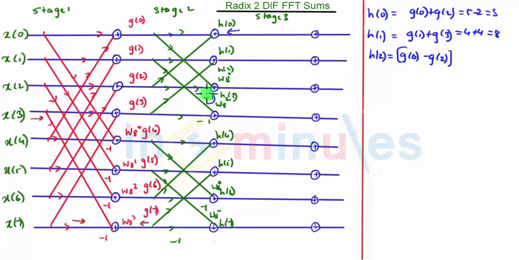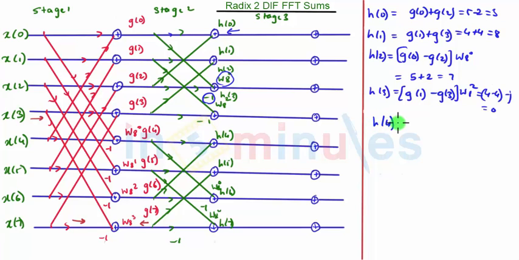h(2) is equivalent to g(0) minus g(2). Here the -1 factor plays an important role, and the multiplying twiddle factor, that is W^0, gets multiplied after the subtraction. So W^0 times 5 plus 2, into 1, that gives us 7. h(3) is equivalent to g(1) minus g(3), times W^2, 4 minus 4 into -j, so the answer is 0. h(4) is equal to g(4) plus g(6), that will give us -3. h(5) is equivalent to g(5) plus g(7).